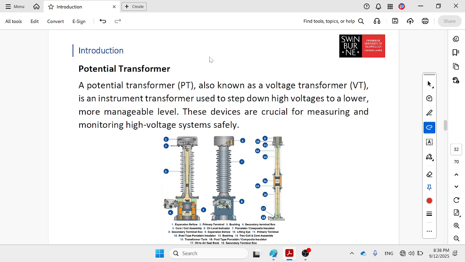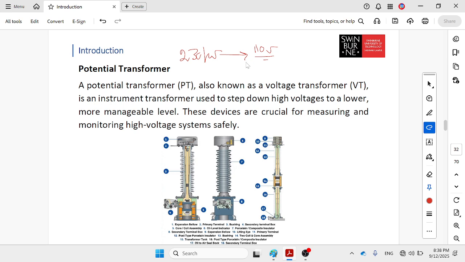If we are going to convert, assume, 230 kilovolt to 110 volt, which is the voltage for measuring, we would have to order from well-known companies such as Siemens, ABB, and General Electric a big transformer, which is not feasible. We need them only for measuring. Very large transformers are not used here in the case of protection.